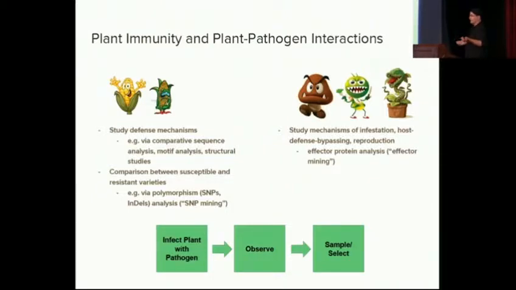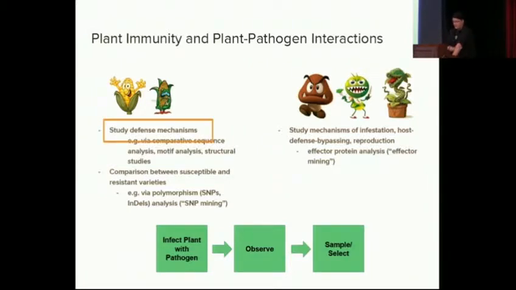Effectors are basically the assault weapons of the fungal community. Usually, in general plant immunity research, you somehow infect the plant with a pathogen, you observe, then sample and select. This is always part of the process. It generates huge amounts of data, which the bioinformaticians then play with.